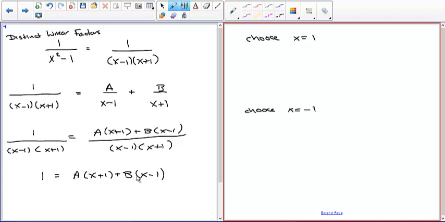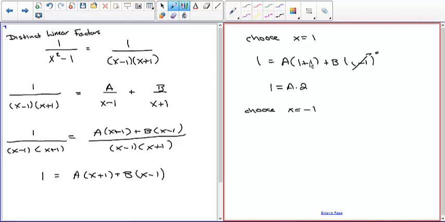The reason you do that is if I let x equal 1, then the first term becomes x, which is 1, plus 1. And the second term becomes b times x minus 1, which goes to 0. By choosing x equal to 1, I eliminate having to worry about calculating the constant b at this point, and all I have is this term.